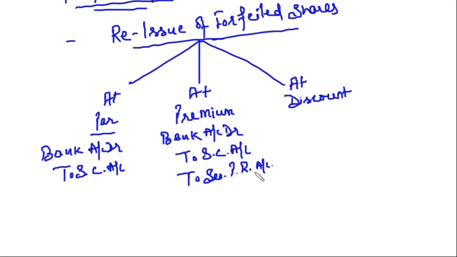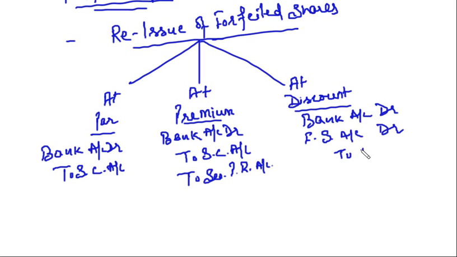And if the reissue is at discount, then the journal entry will be bank account debit, and this discount will be met from forfeited shares account, and what will be credited? Share capital account.